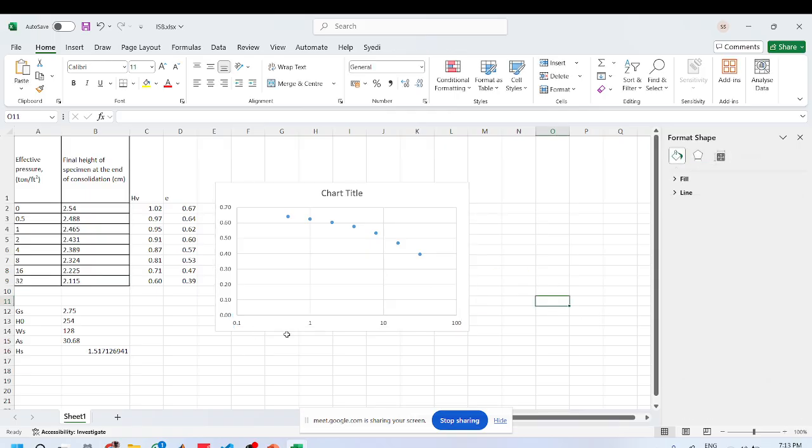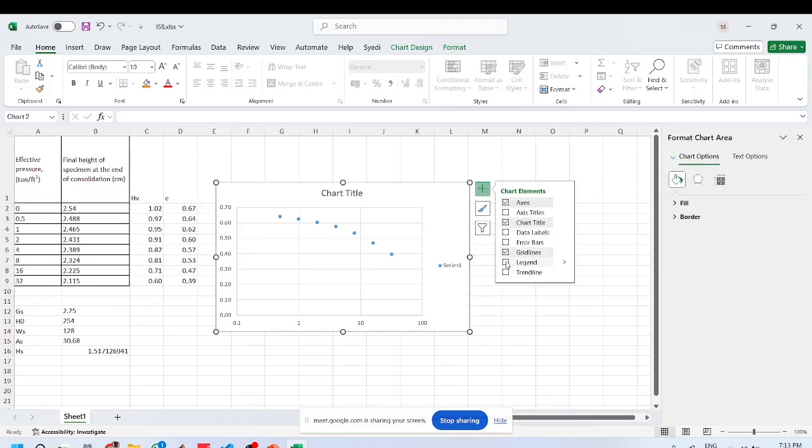Okay, so you see this graph for the void ratio. We can add a trend line.